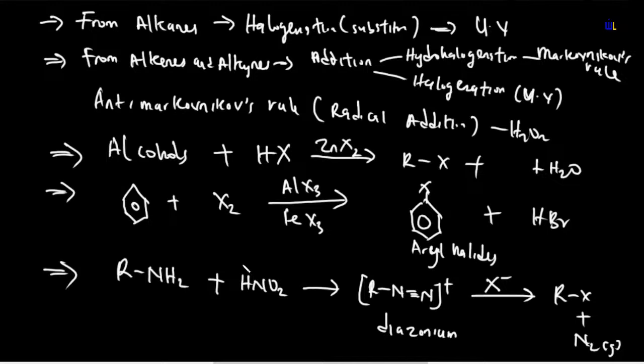Okay, now we are done with the different lab preparations, and for want of time, we are going to get into the next one, which is the chemical properties. Now, halogeno organic compounds undergo two major reactions.